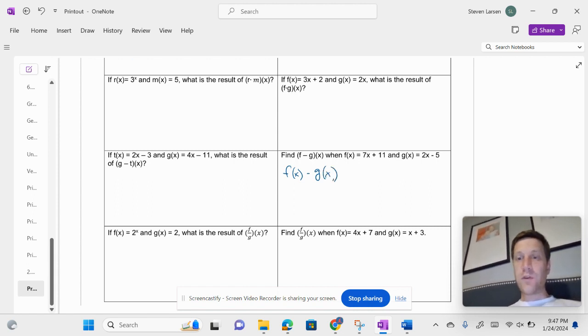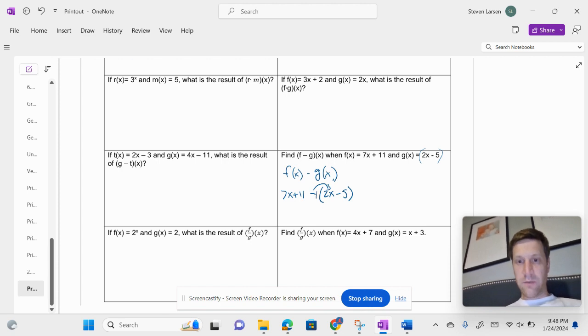This problem is giving me new functions for these two. So f of x minus g of x is going to be 7x plus 11 minus. Now, this is one thing you need to remember. When you're subtracting a function, you need to subtract the entire expression that function is equal to in parentheses. Which means, since I'm subtracting g of x, I want to subtract 2x minus 5 in parentheses.